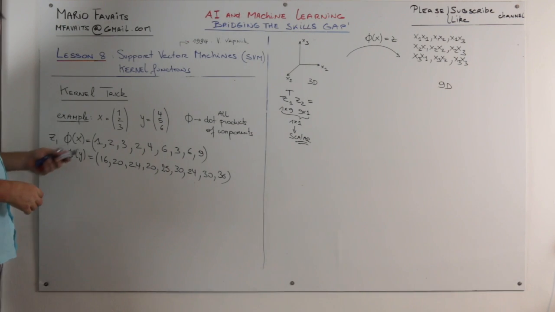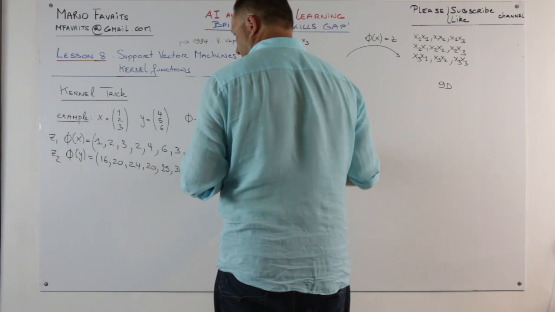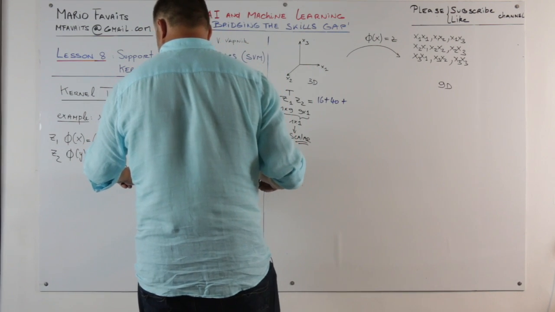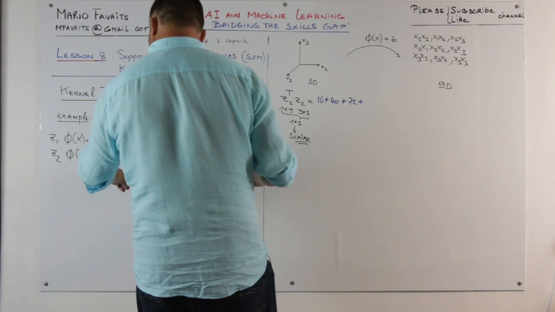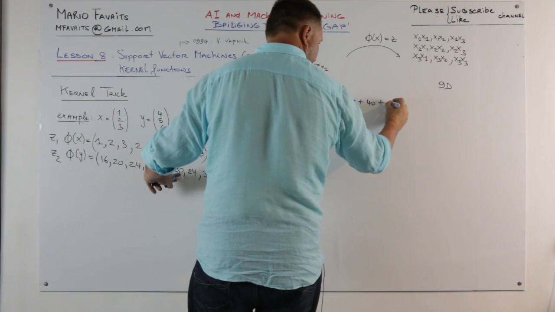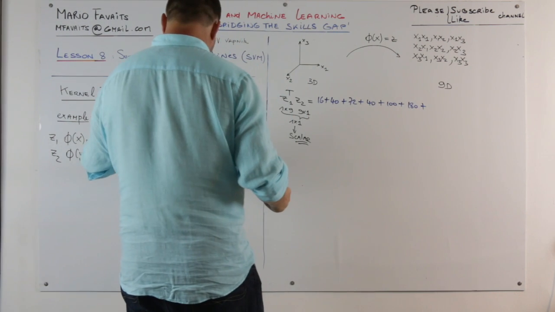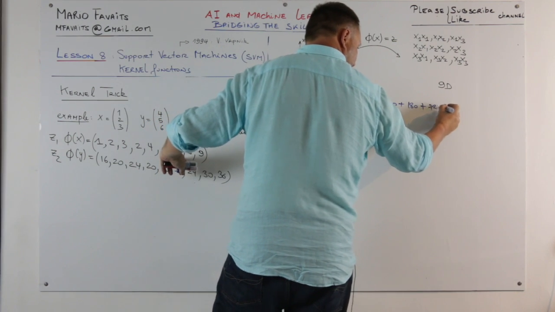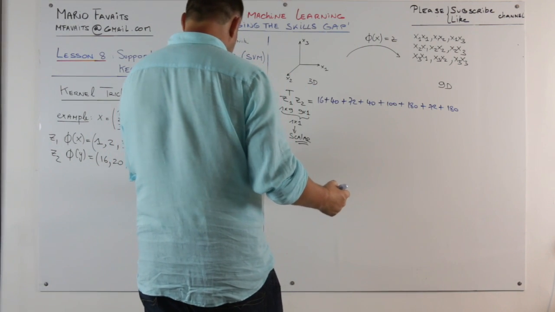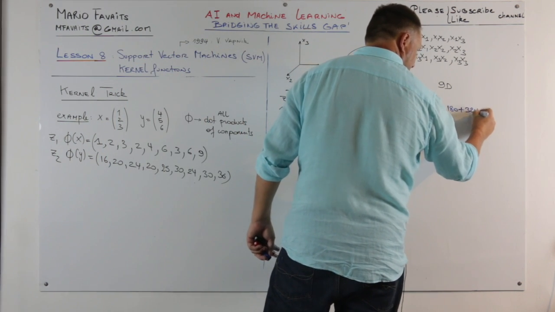Okay, so let's calculate this dot product. 1 times 16 is 16, plus 2 times 20 is 40, plus 3 times 24 is 72, plus 2 times 20 is 40, plus 4 times 25 is 100, plus 6 times 30 is 180, plus 3 times 24 is 72, plus 6 times 30 is 180, plus 9 times 36, that's 324.